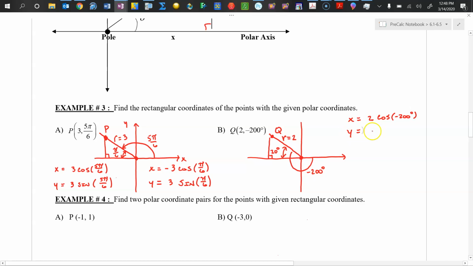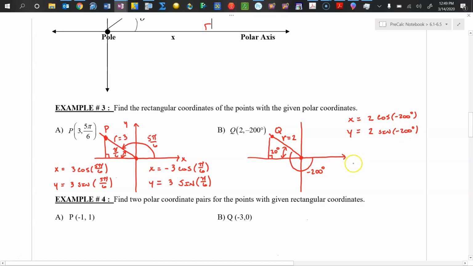The vertical component of that reference triangle, or the y coordinate of point Q, is going to be 2, the hypotenuse of the triangle, times the sine of negative 200 degrees.